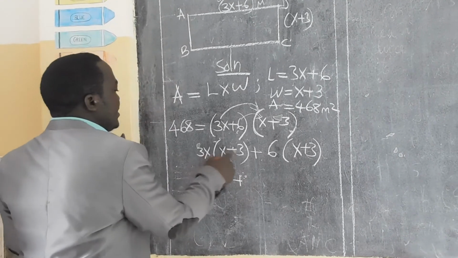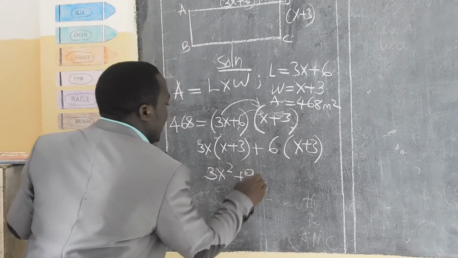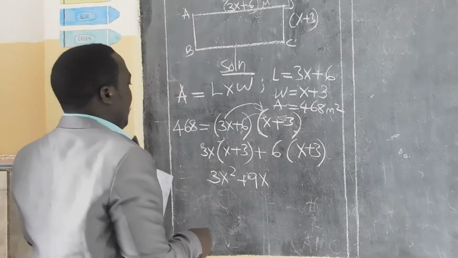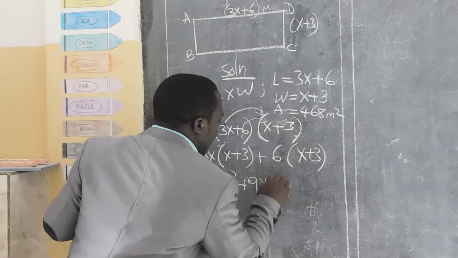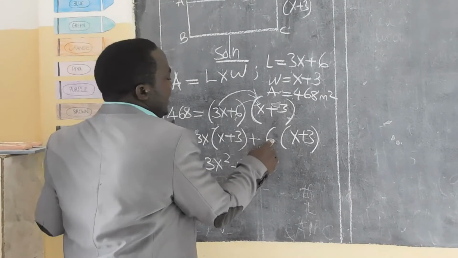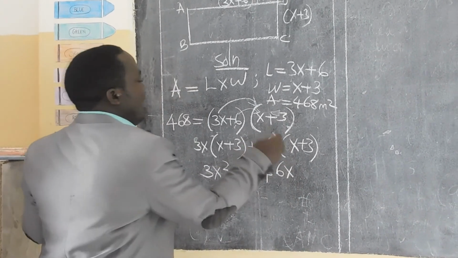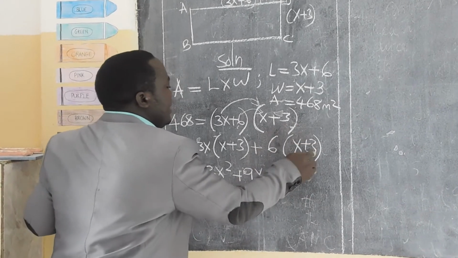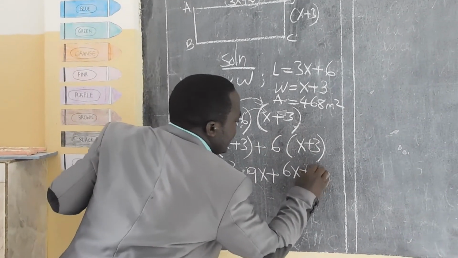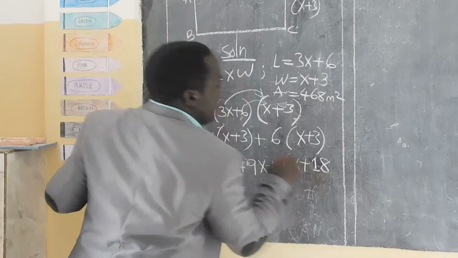Plus 3x times 3, you will get 9x. Again, plus 6 times x, you get 6x. Plus 6 times 3, you get 18.